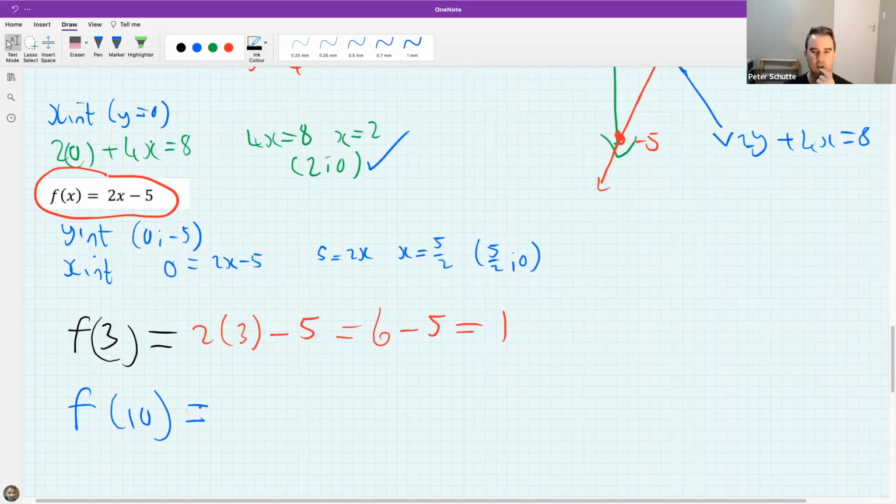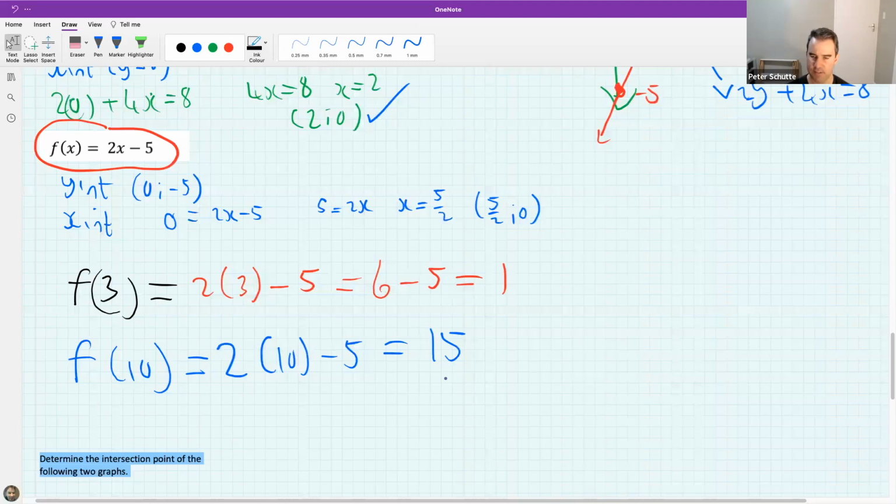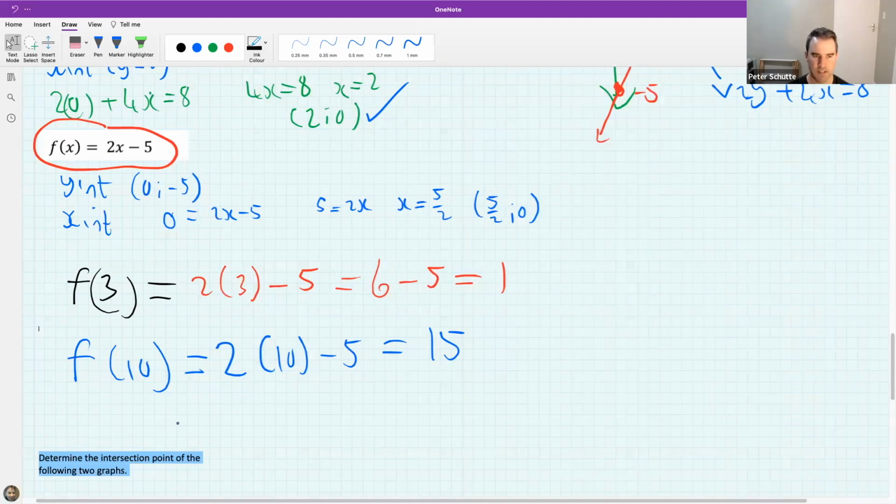Ongani, I agree. Ongani has said, put the x is 10 into the function f. So 2 times 10 minus 5 is 15. Yes, so we said f of 10 is 15.